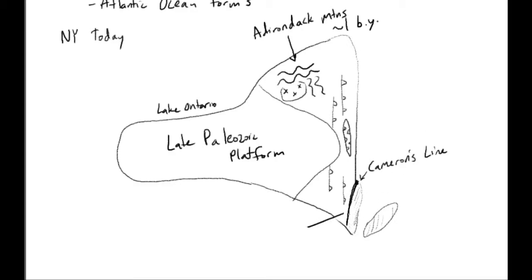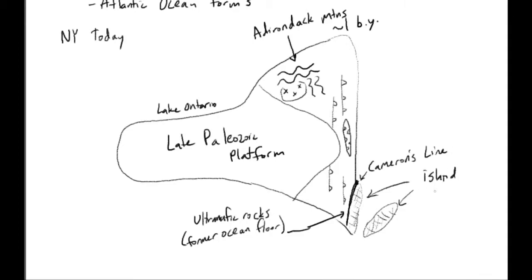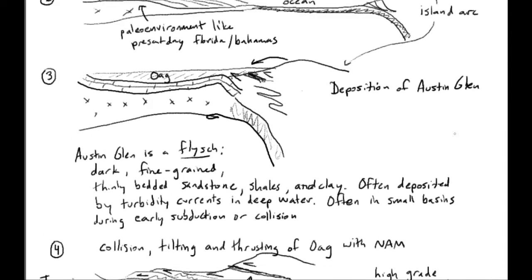So the ultramafic rocks, again, are former ocean floor. And everything that I've kind of shaded here is related to that island arc that collided. So the island arc that, go back, that caused the tectonic orogeny.